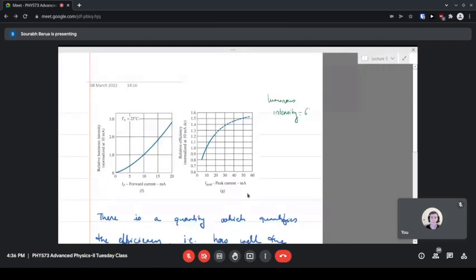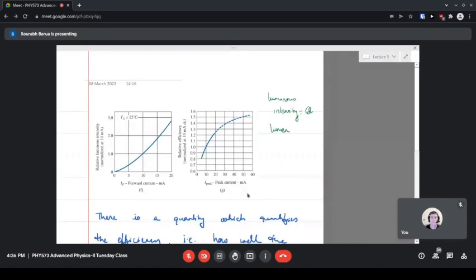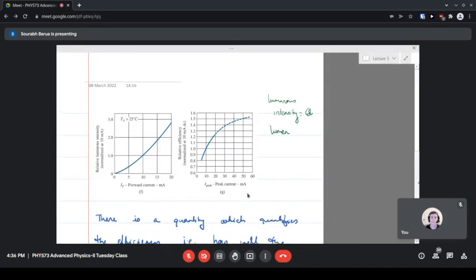Okay. And what is lumen? What quantity is it representing? Mass, time, length, current, magnetic field? Power.